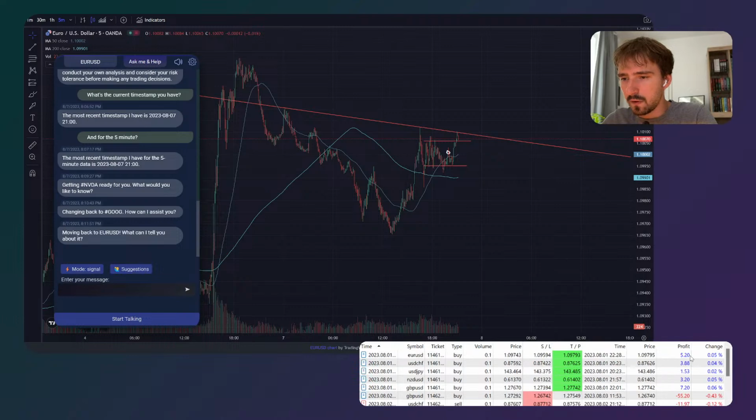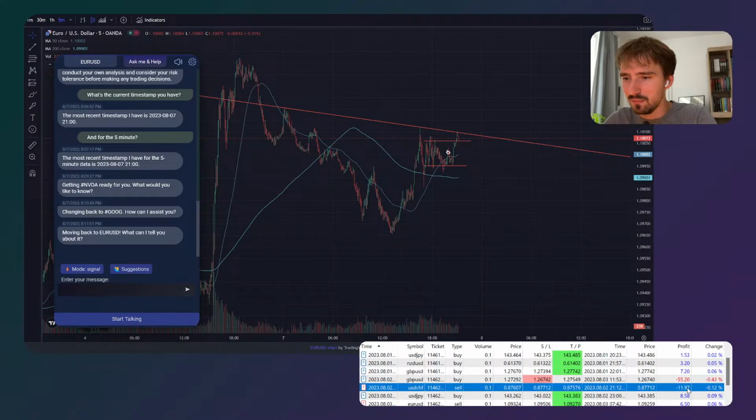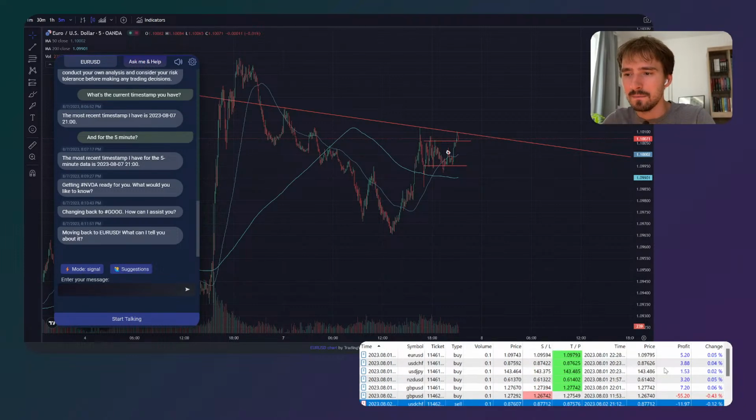As you can see, so far we've done 1, 2, 3, 4, 5, 6, 7, 8 successful trades and only 2 bad. That's exactly the statistics I'm talking about. When I did my due diligence with the AI and ran some statistics, it showed me that the winning chance is 80%.